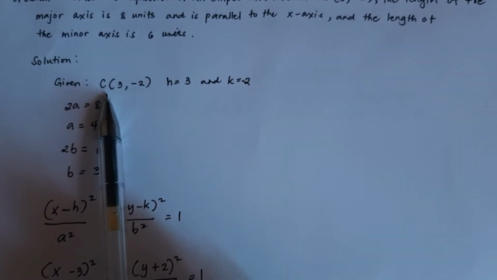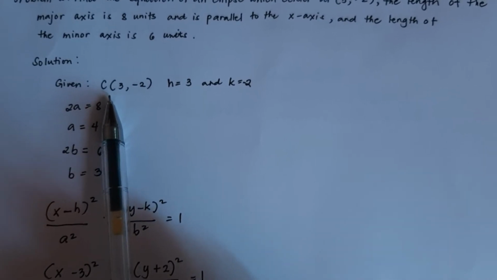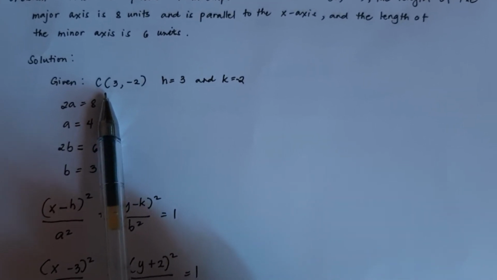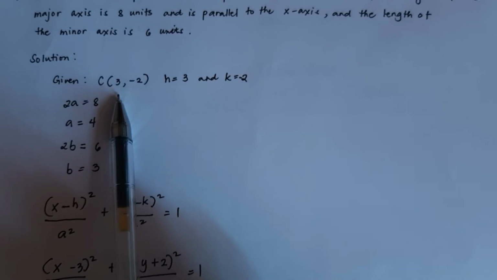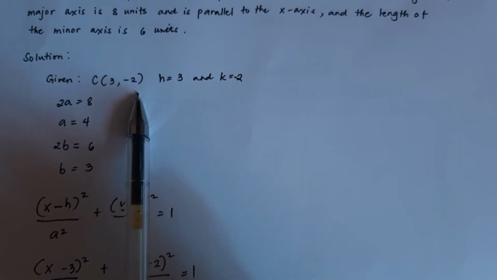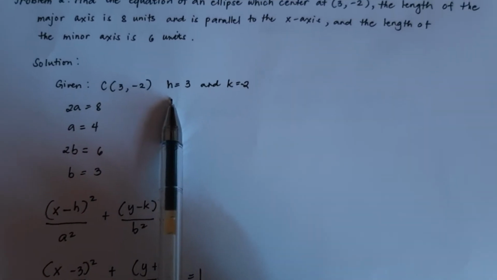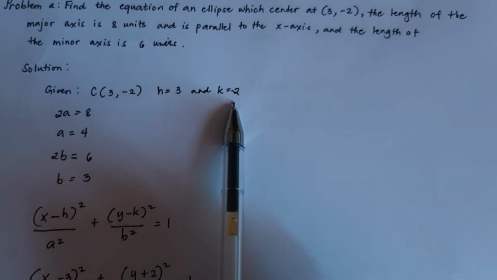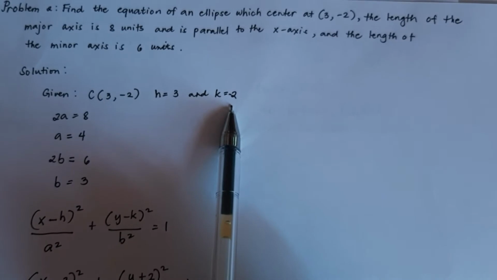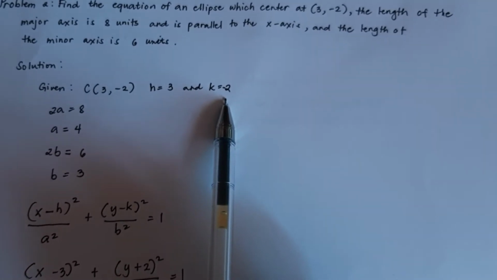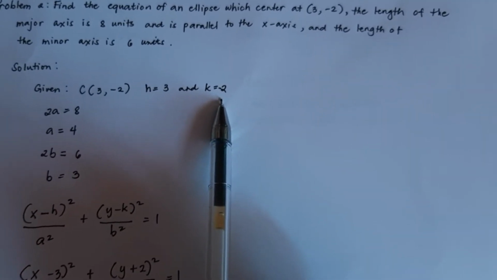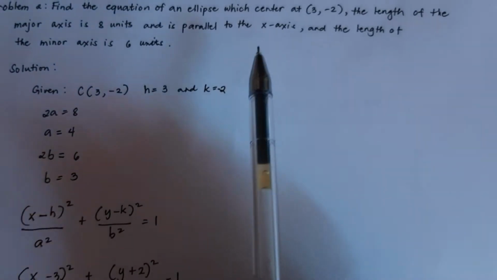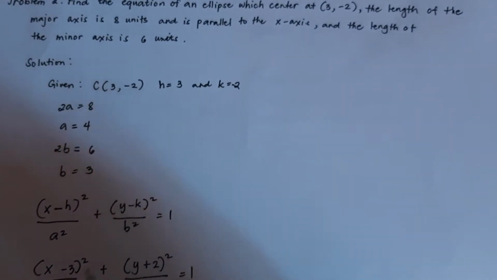May given na tayo na center, which is 3, negative 2. So, therefore, may value ka na ng H at saka ng K, which is 3 and negative 2. So, ang hanapin mo na lang ay values ng A, B, and C in order for you to find the equation. Kasi yun yung mga kailangan.